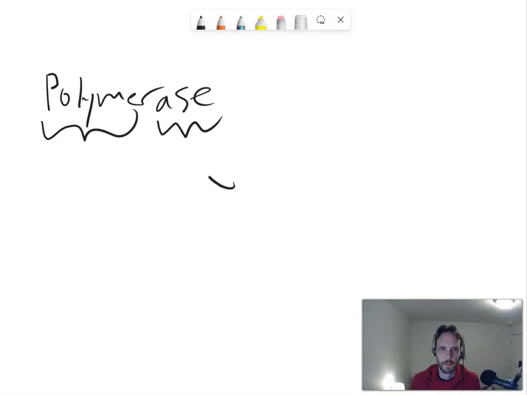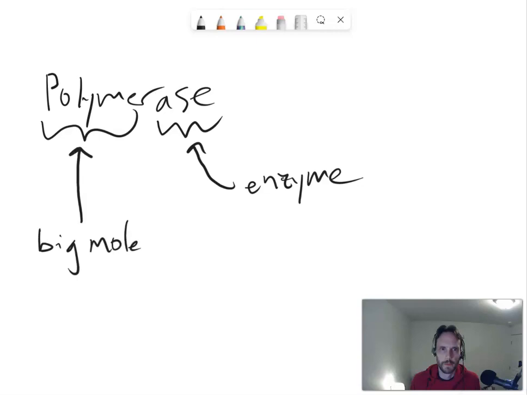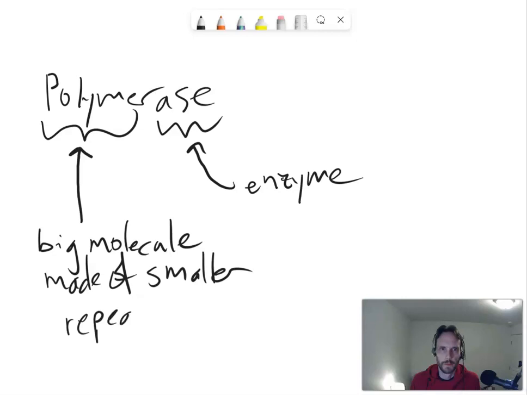Hopefully what you thought of is an enzyme. The names of enzymes typically have ace at the end. And then polymer. And a polymer is a big molecule made of smaller repeating molecules.